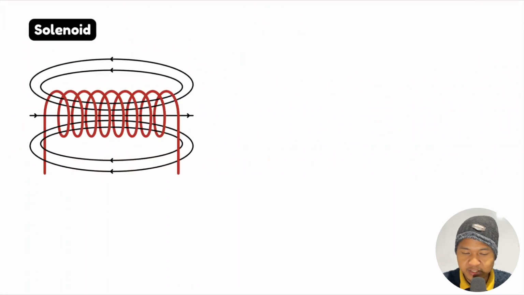Okay, now the solenoid part. In a solenoid, how do we find the magnetic field direction? If you have a solenoid and the current is like this, let me use different colors. Using the right hand thumb rule, you curl your fingers along the direction of current, and your thumb will be pointing towards the direction of magnetic field.